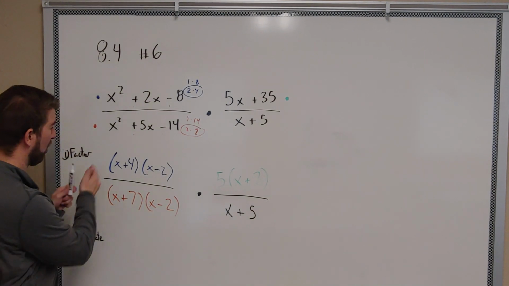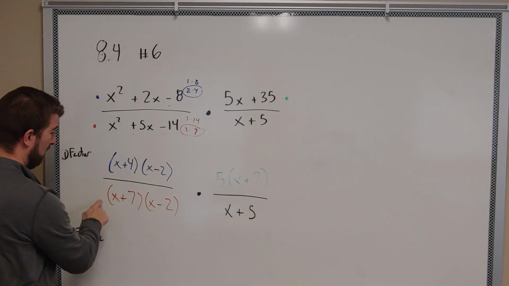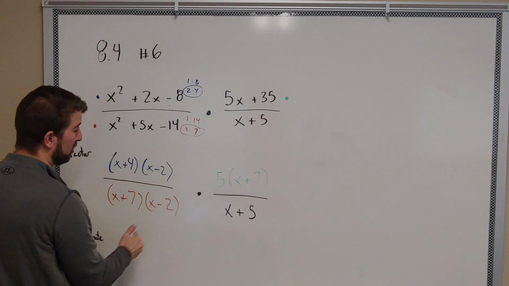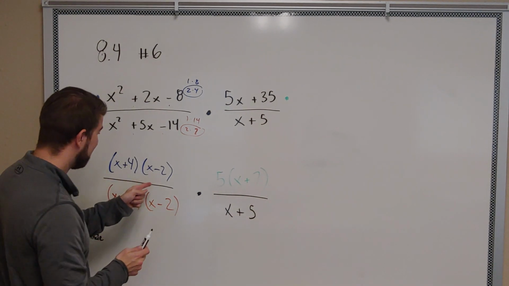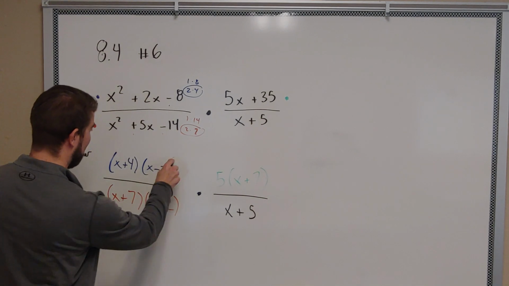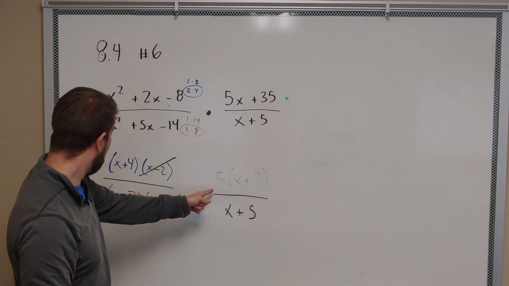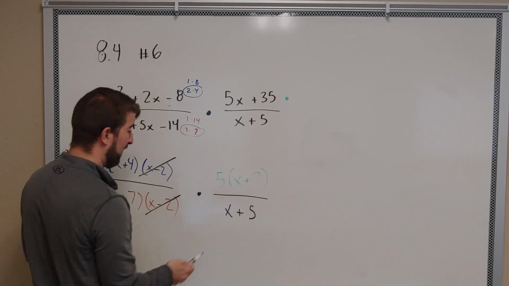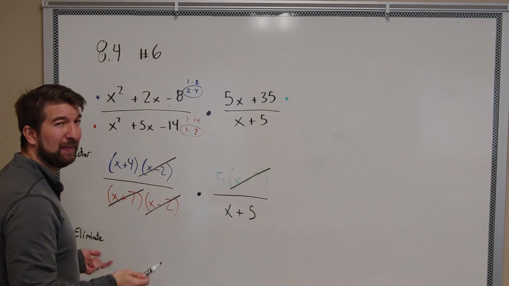What I do is I just work from left to right on the numerator on the top. So x plus 4, I'm looking for a match on the bottom, and it can go on either side of the multiplication symbol. There's no match, so that stays the same. X minus 2, I see a match, that eliminates. Then a 5, I don't see a 5 all by itself, so that stays as it is. And then I have x plus 7 and x plus 7 over here, so that eliminates.